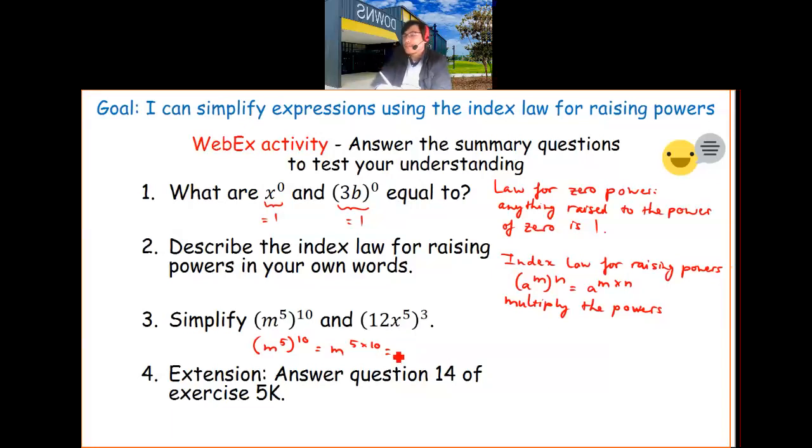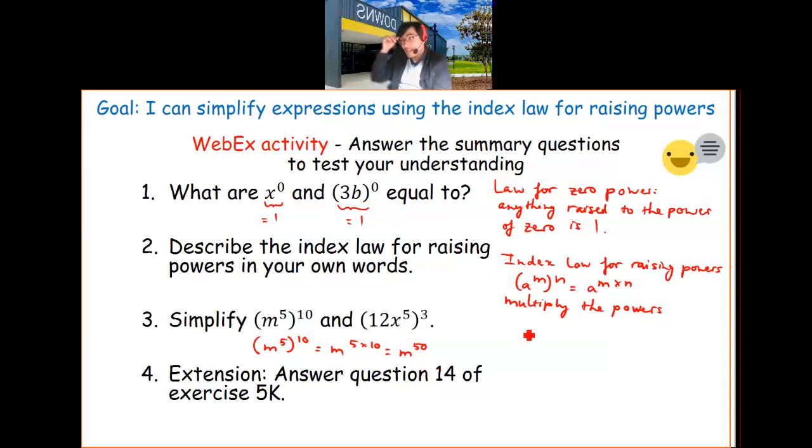Just have to do the 5 times 10. That is 50. Well done, Ryan. So this is going to be m to the power of 50. Good job there.